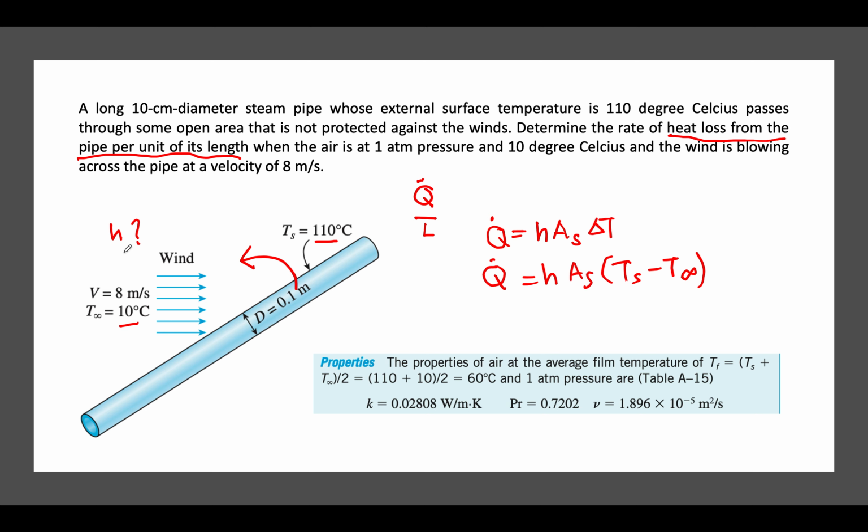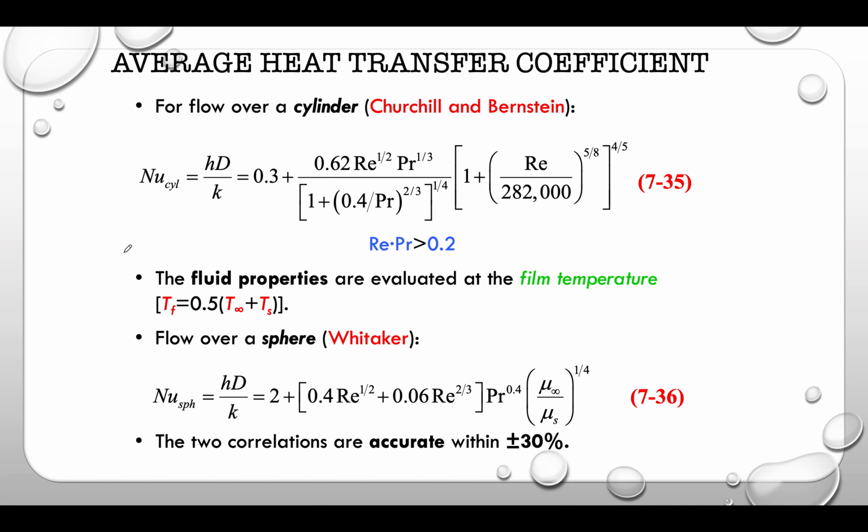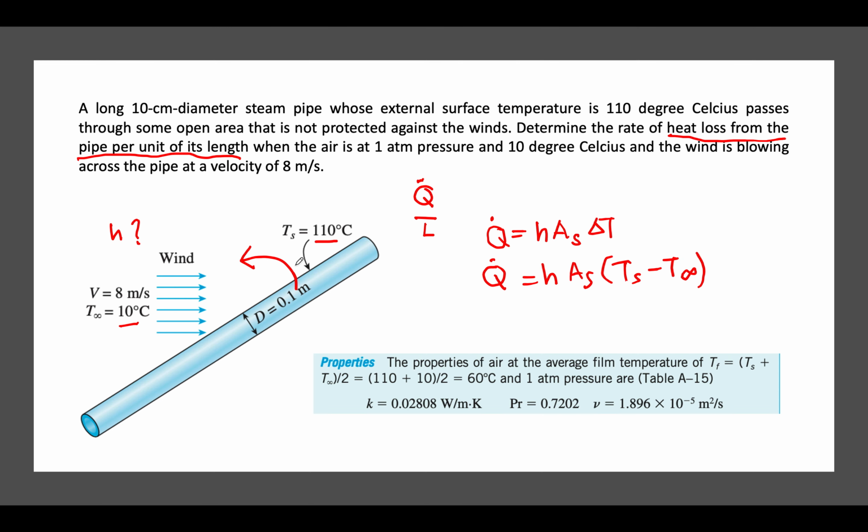So we know that there are two equations for the average Nusselt number. For the cylinder, we can use the Churchill and Bernstein equation, and for the sphere, we will use the Whitaker equation. So in this question, we know that the shape of the steam pipe is circular.